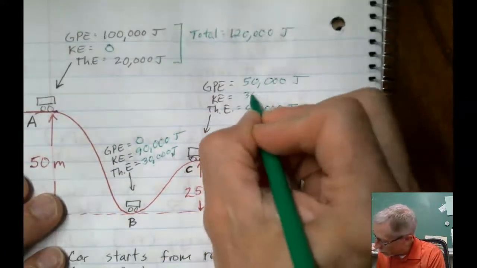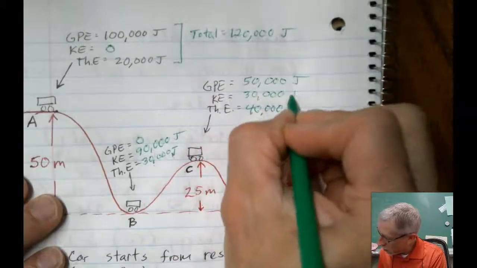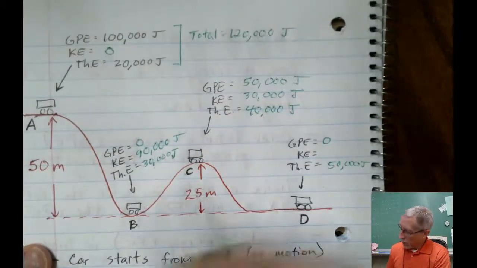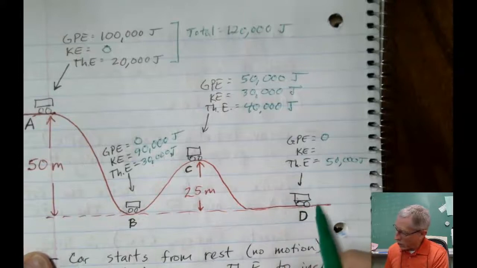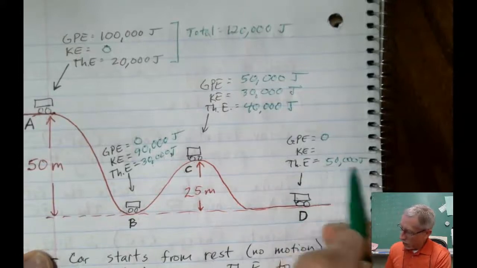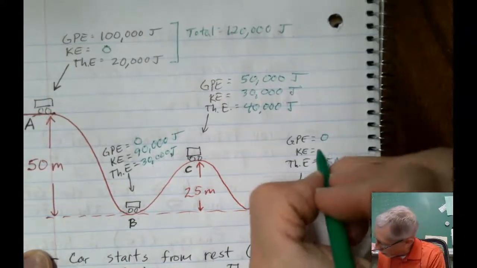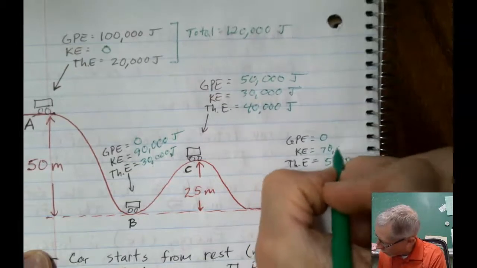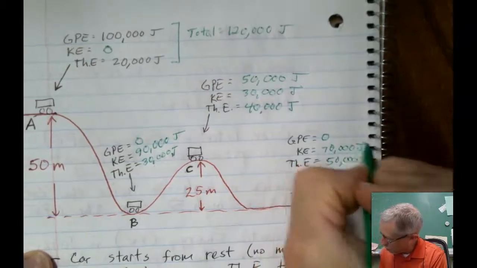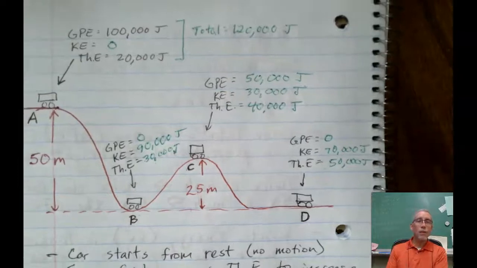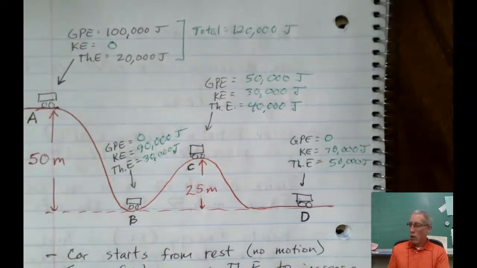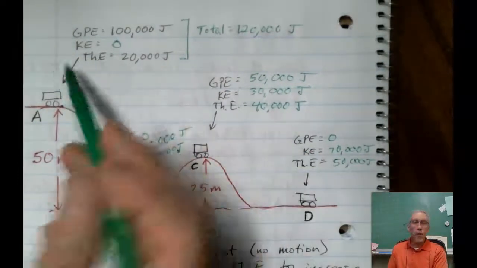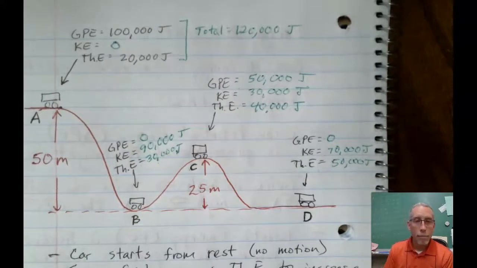That's 30,000 joules. And what do I need down here? Well, at the bottom, I only have 50,000 here, so I need another 70,000 joules to make 120. So that's my last step, to figure out what I need so that my total is always the same as what I started with.